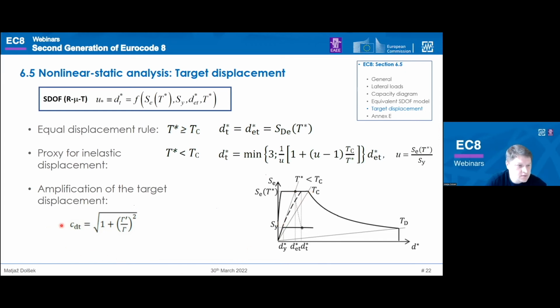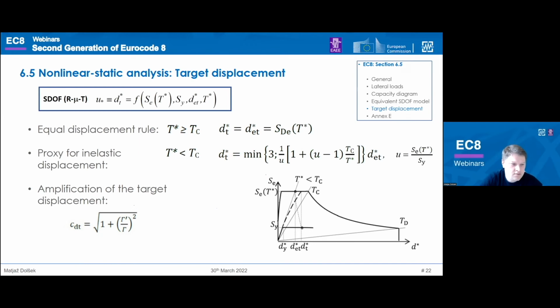Then there is a new parameter which you need to multiply this dt with, cdt, in order to account for the effect on this target displacement from the seismic action in the other direction.